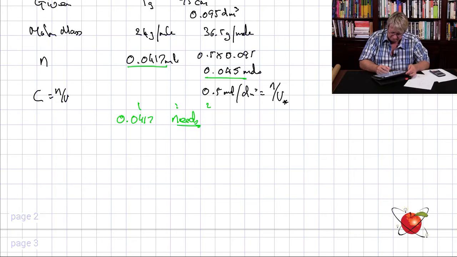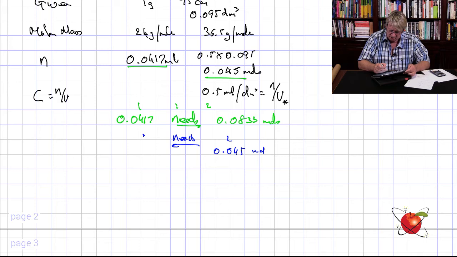0.0417 times 2 is going to be 0.0833 moles. Then I go backwards the opposite way, and I start off with my 0.045 moles. It needs how much?